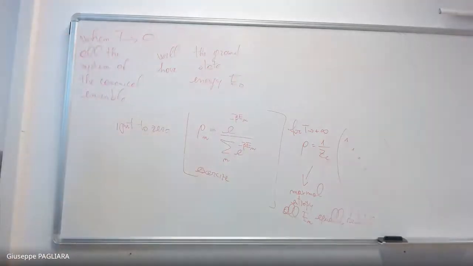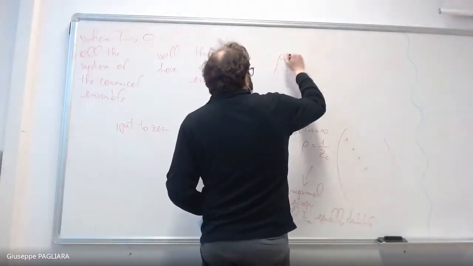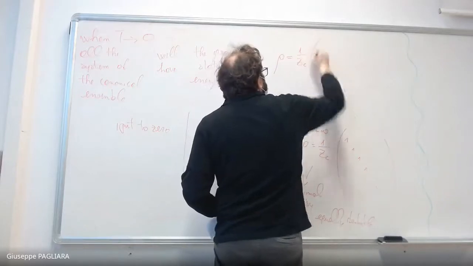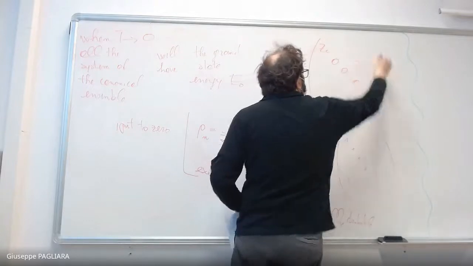That of course must always be present because Hamiltonians in quantum mechanics are always, at least for the normal cases, bounded from below. So there is always a ground state, otherwise the system will be unstable. So there is a ground state that we call E_0, and in this situation the density matrix will be something like this.